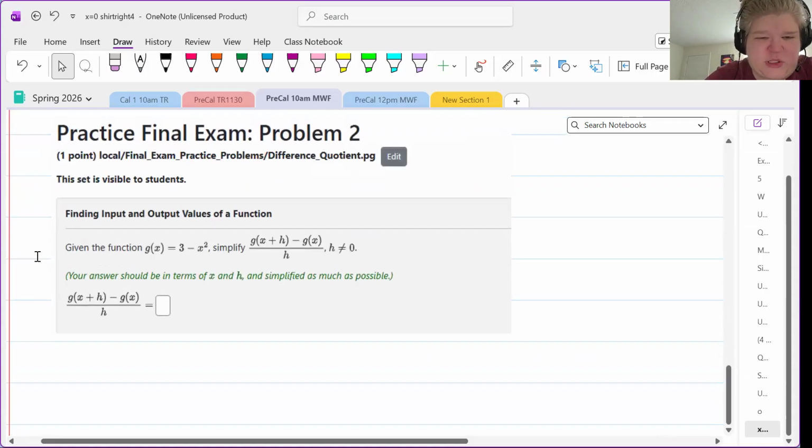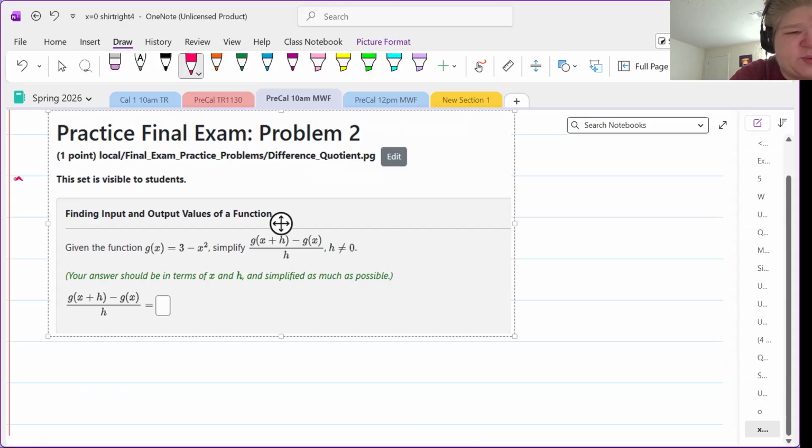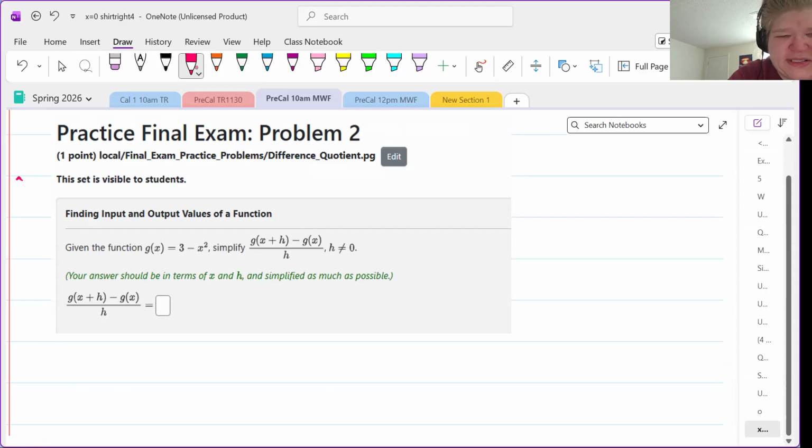So this is our difference quotient. You're going to have to do this pretty early on in Cal 1 as well. But the bulk of this problem in calculus is still an algebra question. It's, do you understand the way function notation works, what this expression is asking you to figure out?